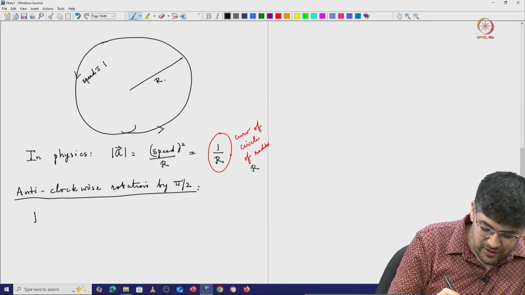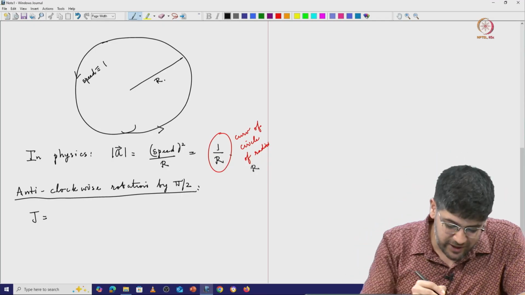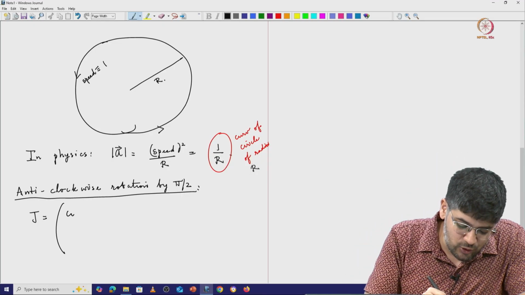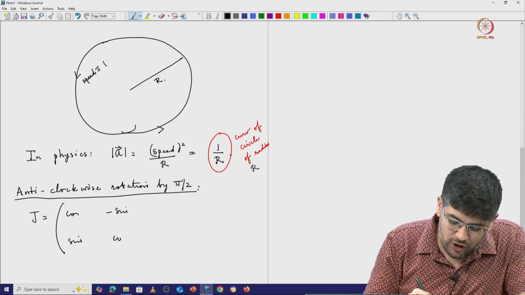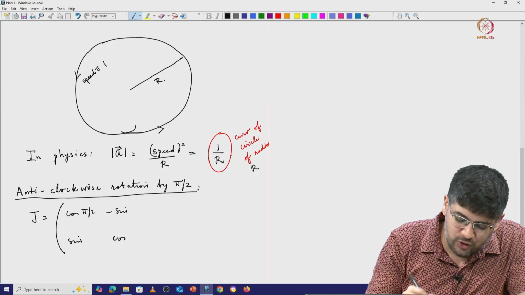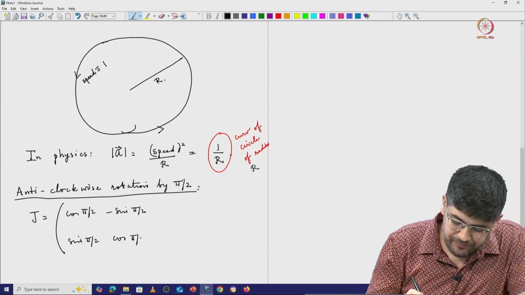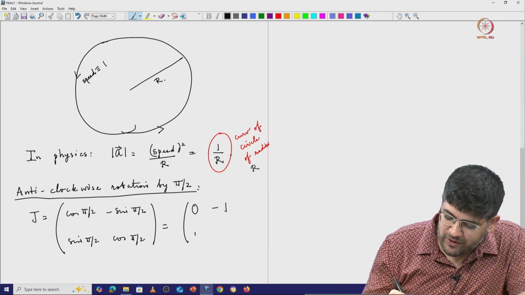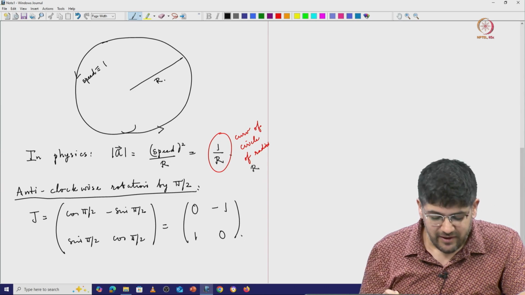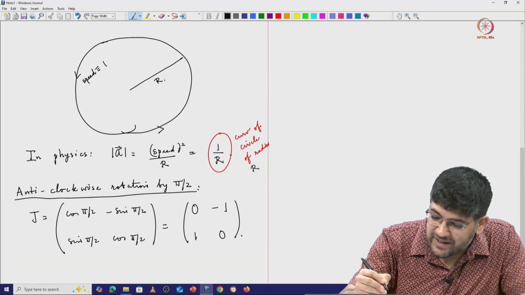Okay, so from elementary linear algebra we know exactly what the rotation matrices look like. They basically look like cos, minus sine, sine and cos. Here I want my angle to be pi by 2, so I fill that in. Then you are going to get this matrix: 0, minus 1, 1 and 0. Okay, so let's do a sanity check.